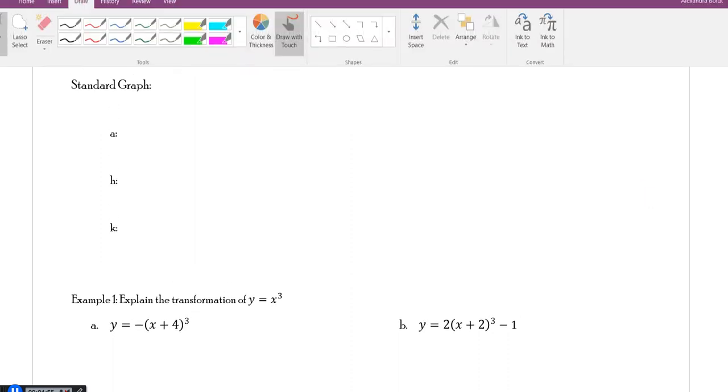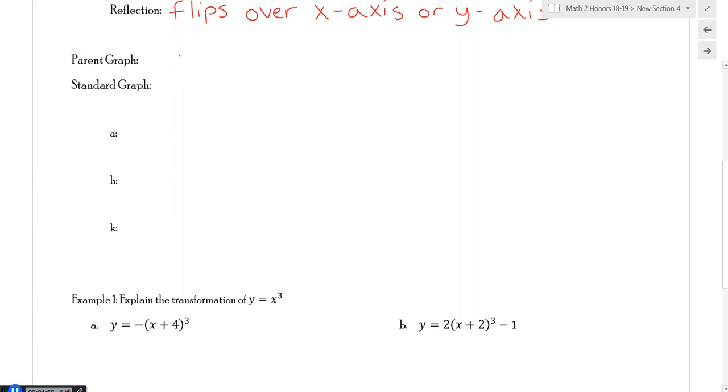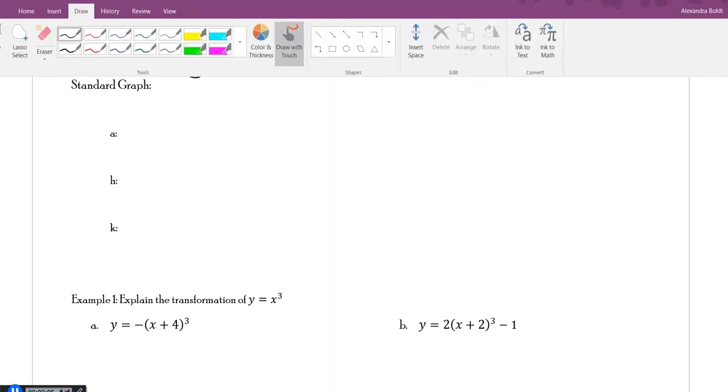So our parent graph is y equals x cubed. So that's a cubic function, right? It's the third power.